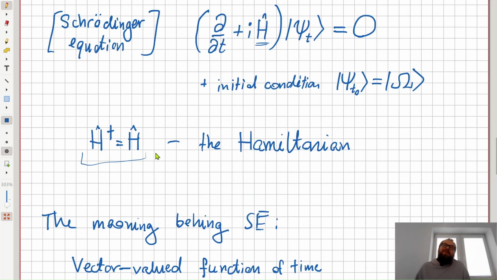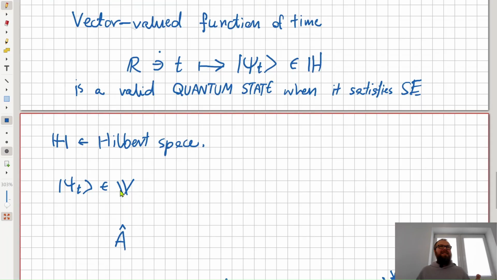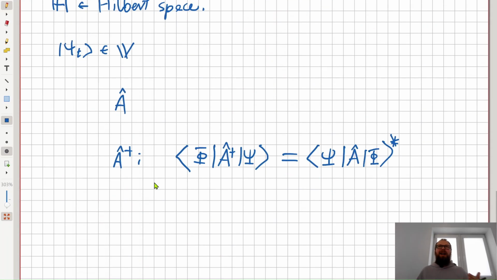Otherwise there would be no sense in saying anything about Hermiticity. So our vector space is actually a pair: a space that is equipped with an inner product.